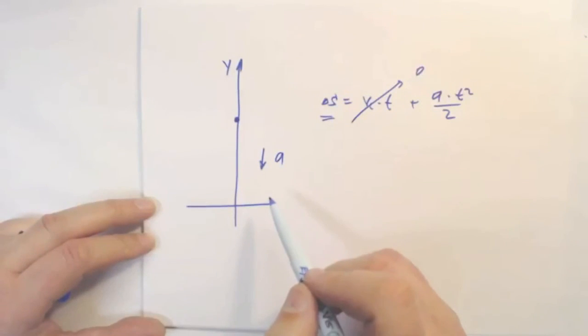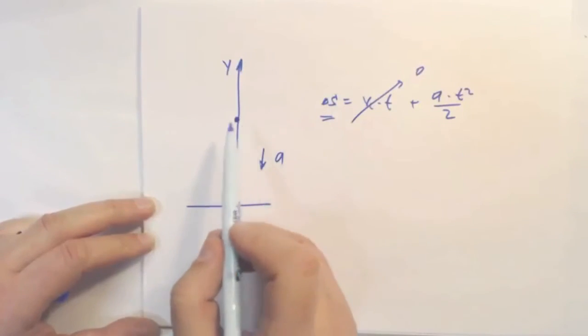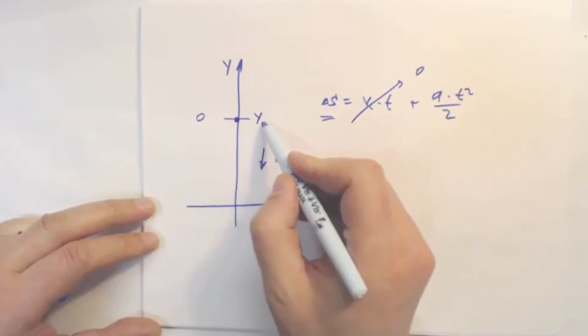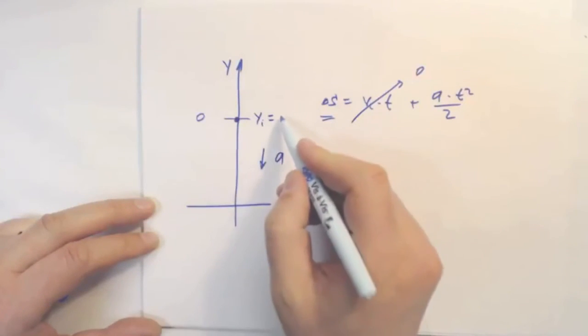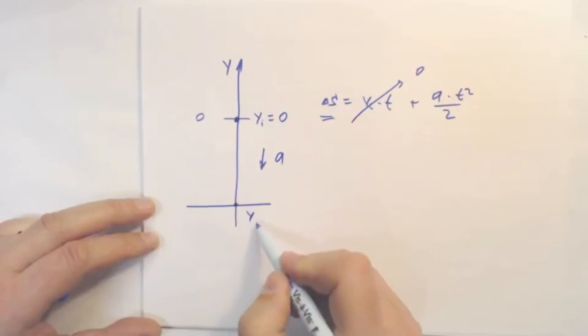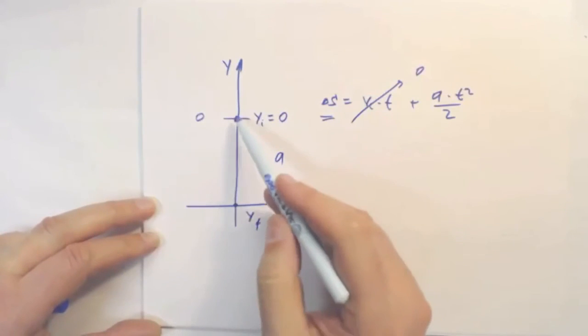First we have to choose the 0, the origin. Let's do it here. That's the initial position. Final position is here now. It is 5 meters below 0.